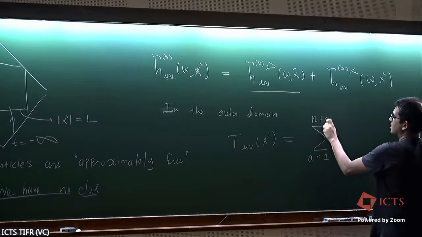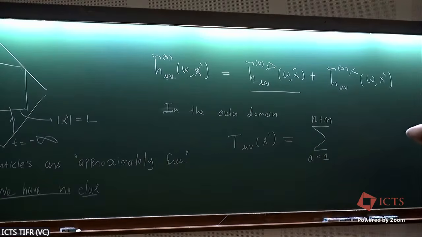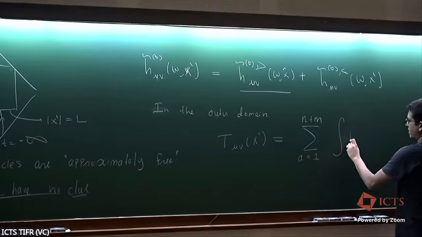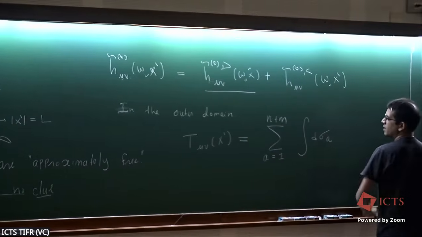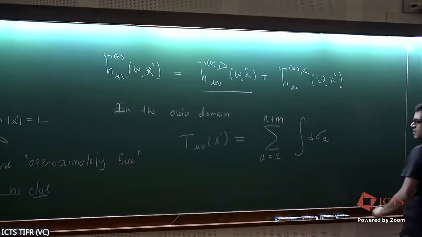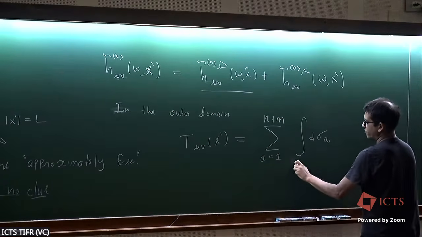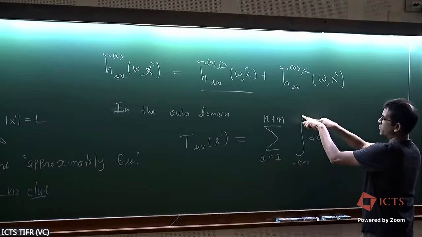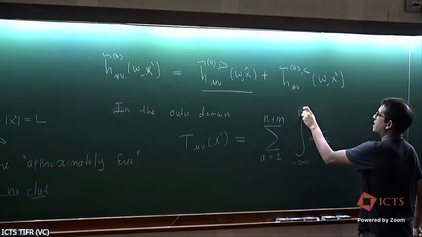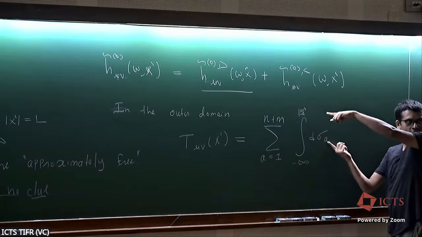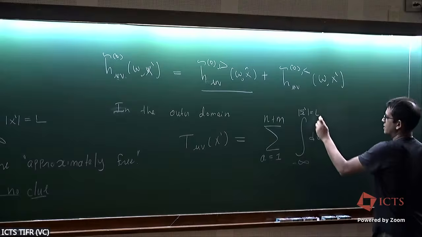So I'm writing all the objects as point particles with multiple moments. Each one has its own proper time, and then we will go from minus infinity to, for now, mod x prime equal to L, but of course I will tell you exactly what it means in a minute.